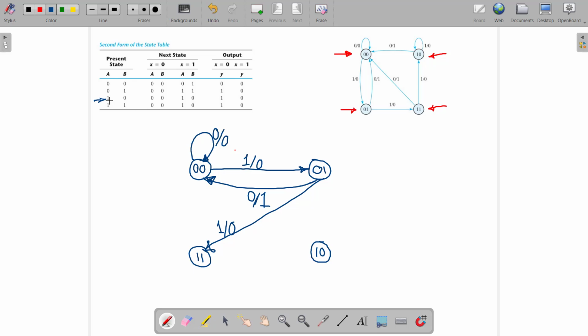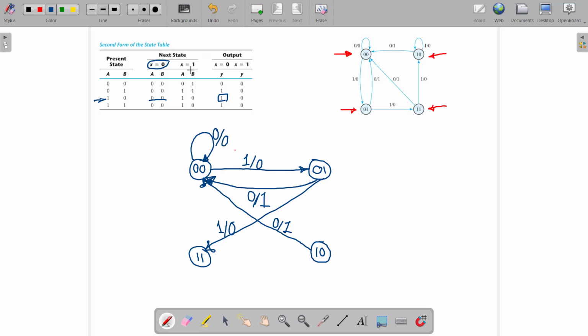Now here, 1 0. I am in 1 0. The input is 0. What is the next state? 0 0. What is the output? 1. So 0 slash 1.